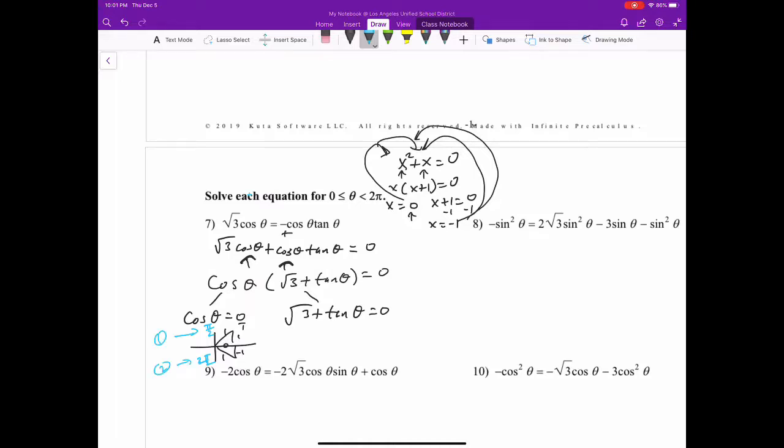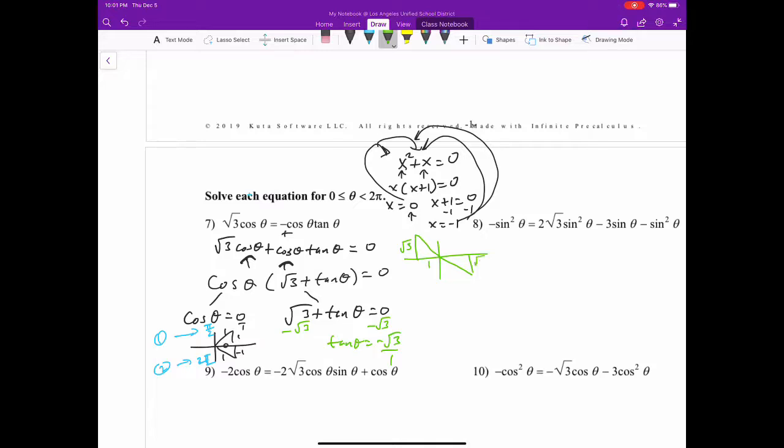And we're going to look on the right side here with two more answers: minus square root of 3, and you'll see that tangent of theta is just negative square root of 3 over 1. Let's draw those triangles. Tangent is negative in quadrants 2 and 4. Opposite is square root of 3. Adjacent is 1.